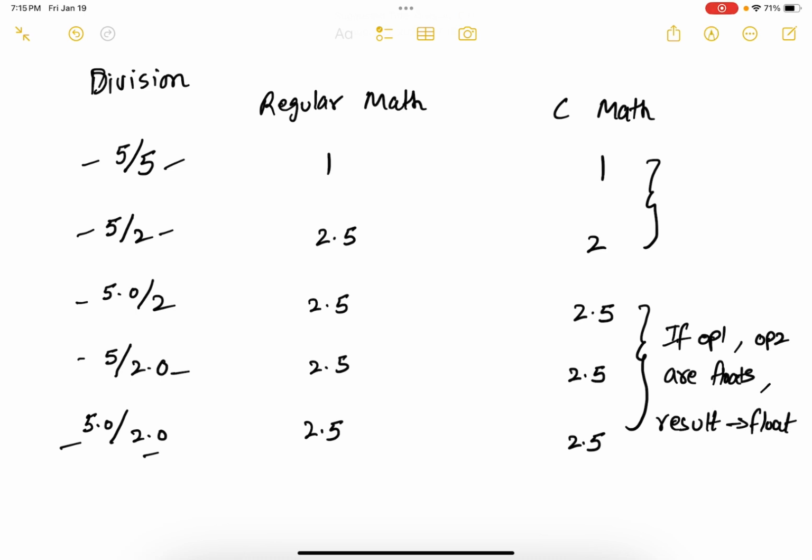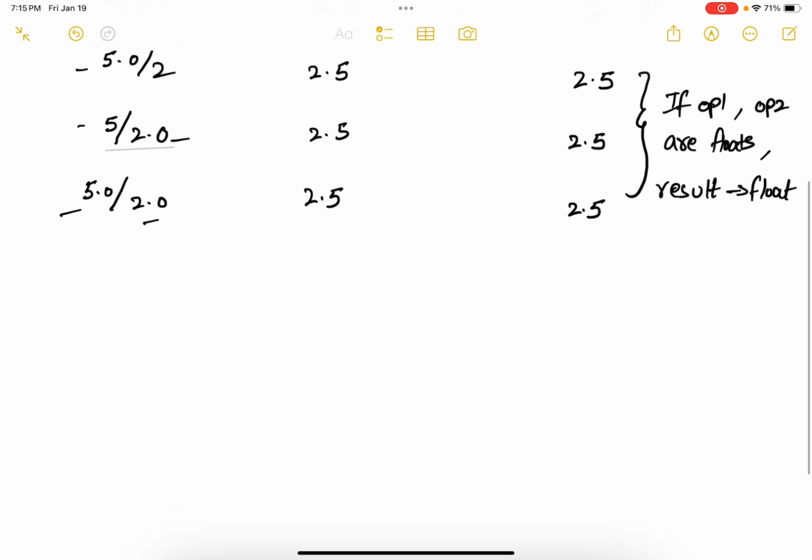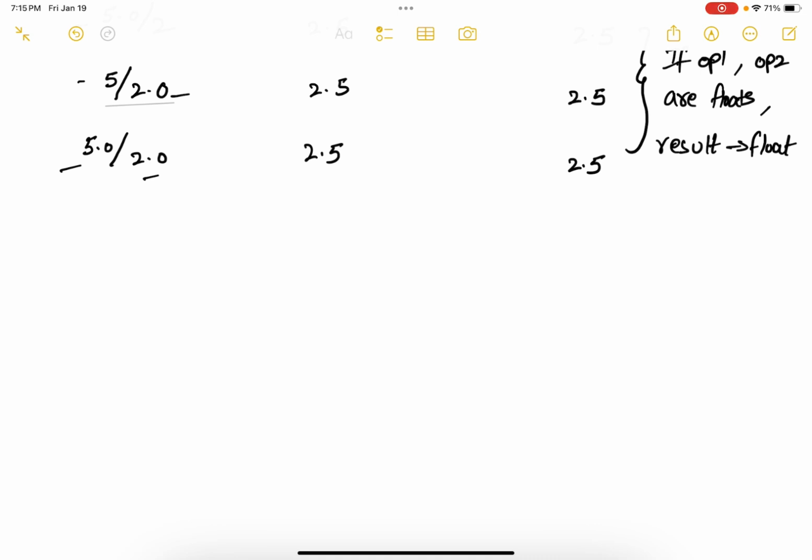You need to be really careful when using the division operator because in some scenarios it can be really bad. For example, let's say I have a formula which says D equals K times T plus 1/2 times A times T squared.